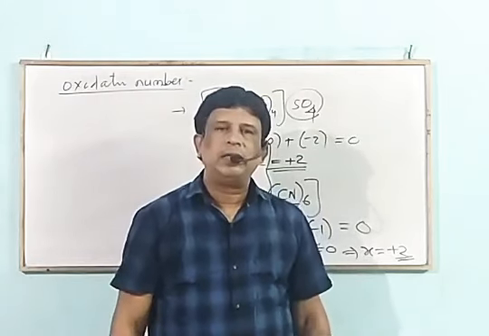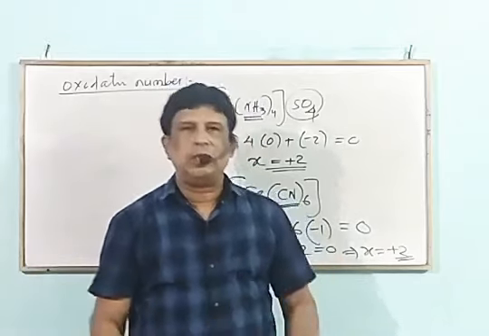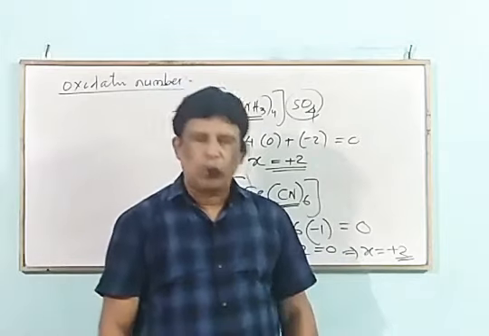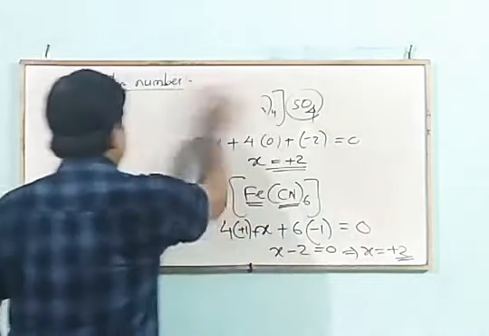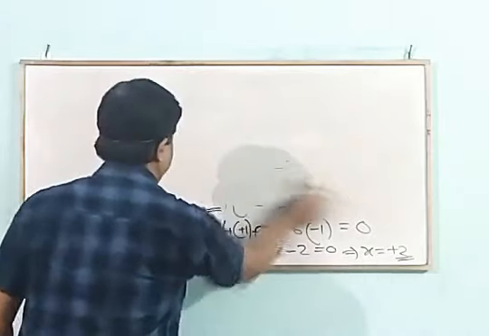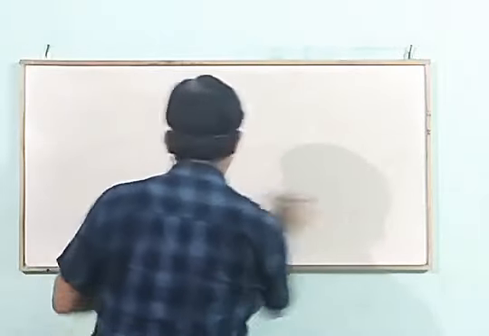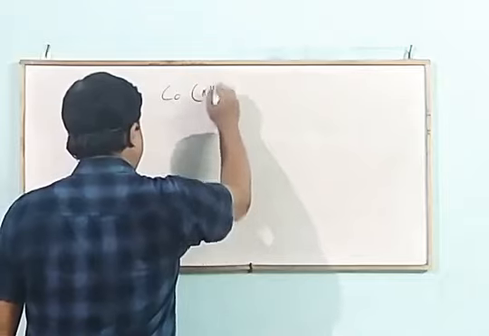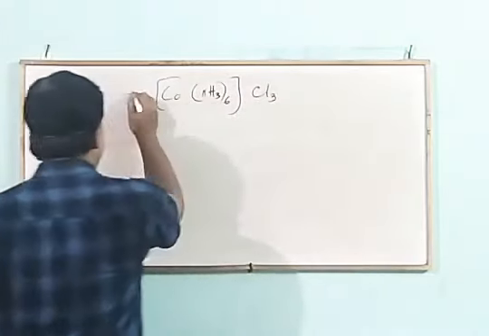So next we have to discuss the IUPAC system, that means the systematic way of naming the complex compound. Mark that. [Co(NH3)6]Cl3 is one complex.